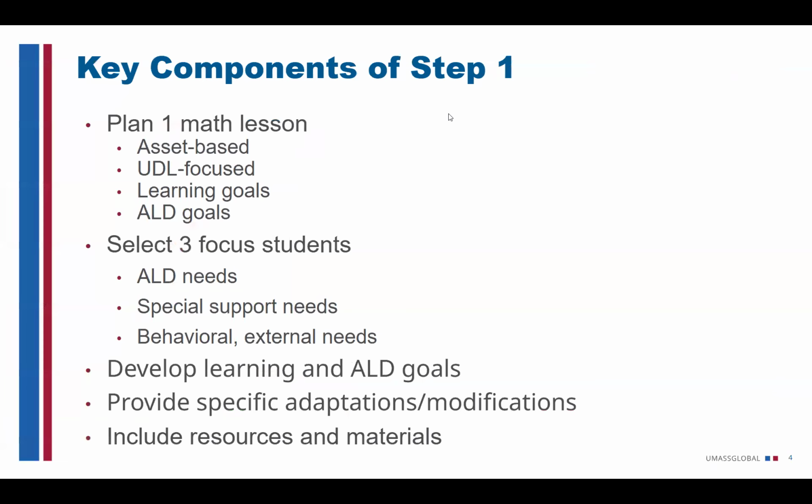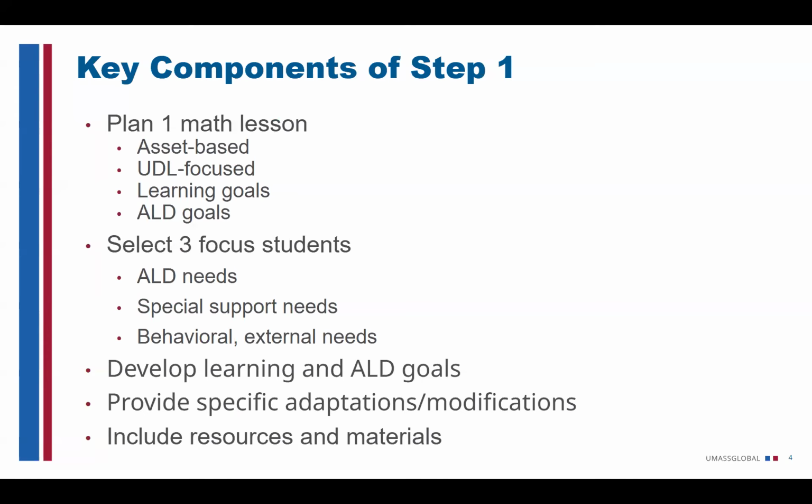So, key components of step 1. You're going to plan one math lesson, and it's going to focus on asset-based instruction. It's going to have UDL-focused strategies. You're going to have ALD goals, which are academic language development goals, and you're going to have content learning goals. And since this is math, you're going to have a content math learning goal. And something that's new is you're going to have a math practice standard learning goal.